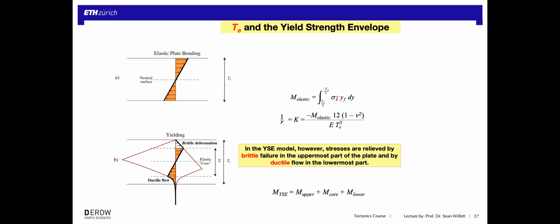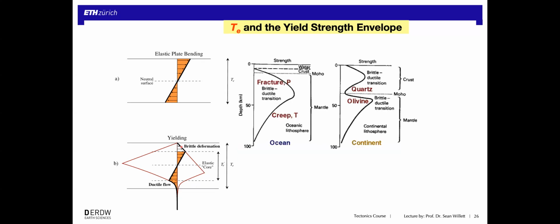stress times the distance from the neutral core here. And you can think of that as being the area under this curve, which is colored in orange, and it has to stay constant. And so you can calculate what the stresses should look like for a given yield stress envelope. And if we do that, I'm going to go back 2 slides here.